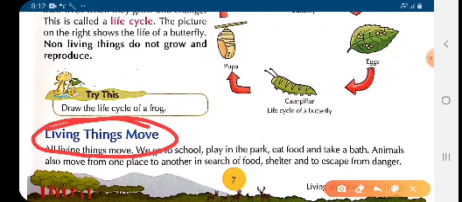They also react to any change in nature, like heat, cold, or any other danger, sound, light. Same as children, the other living beings, animals also respond to different changes around them. So children, these are the reasons why living beings move from one place to another or show change.